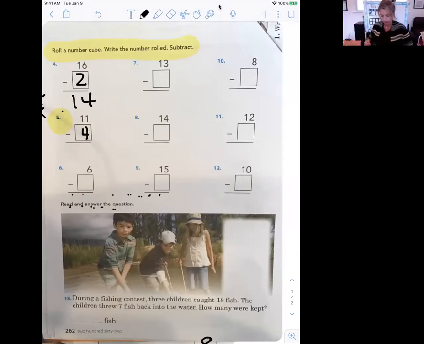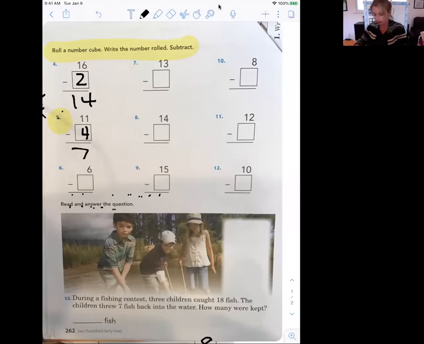So let me take my number line, 11, jump back 4 times. 1, 2, 3, 4. Where did I end up on? 7, right. So my answer is 7. Okay, let me erase that.